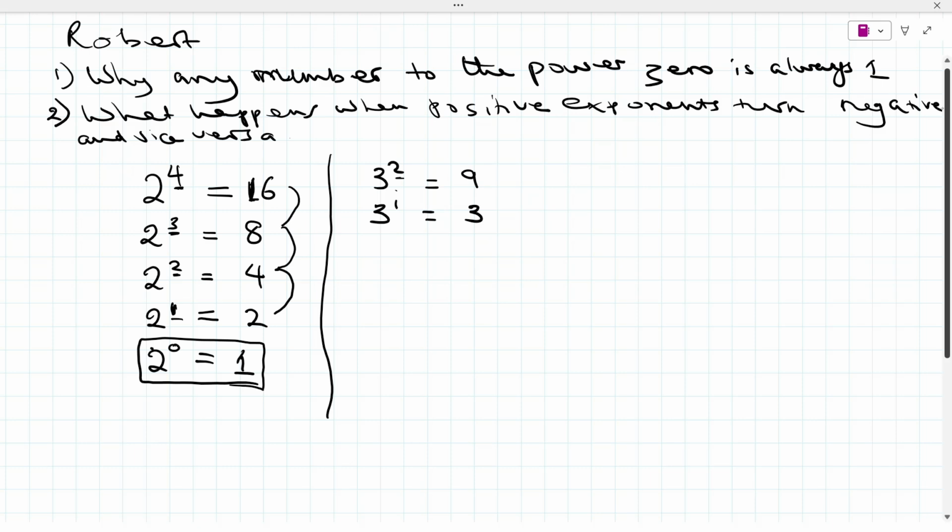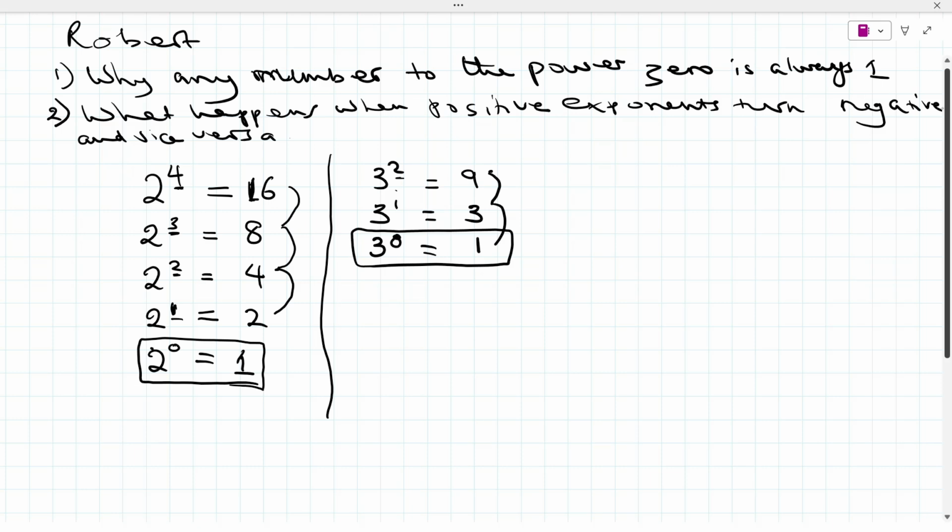And if we reduced the exponent from 1 to 0, this becomes 1, if we follow the process of dividing by 3 throughout. So 3 to the power 0 will give us 1.